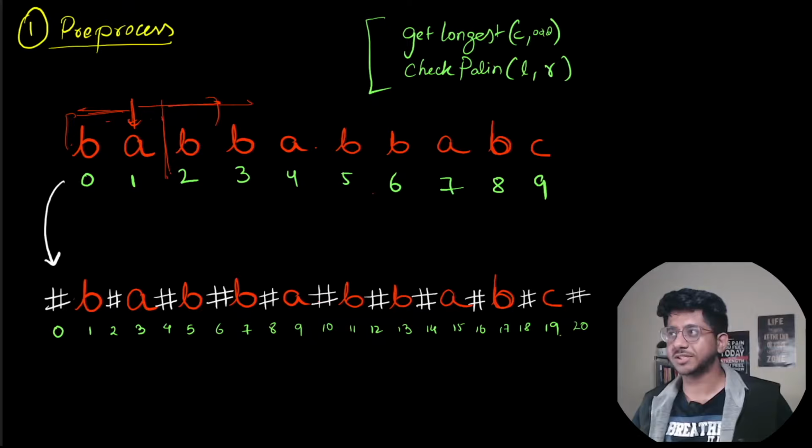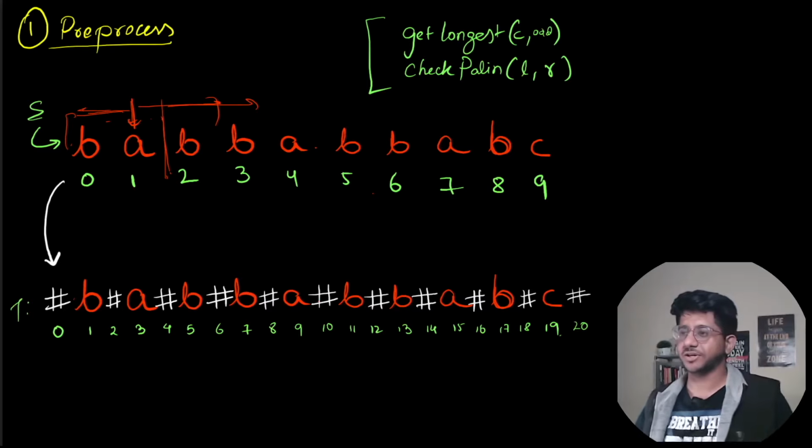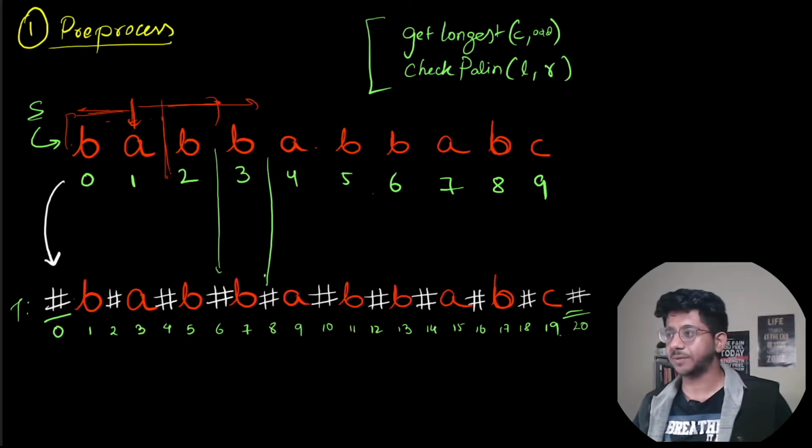So just to make it a unified case, we transform the input given to us as a string s into a t string, where we put hashes in between every character, and at the start and at the end too. So hash b, hash a, hash b, hash b, and so on. Every in-between gets a hash. Very straightforward to do.